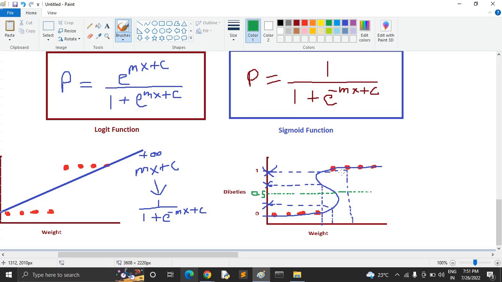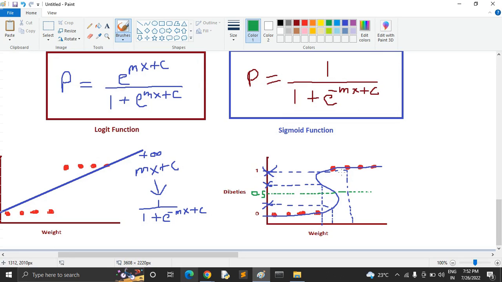Secondly, although we have categorized the y variable here, unless and until we set the threshold of 0.5, we are getting probabilities, which can be any continuous number.